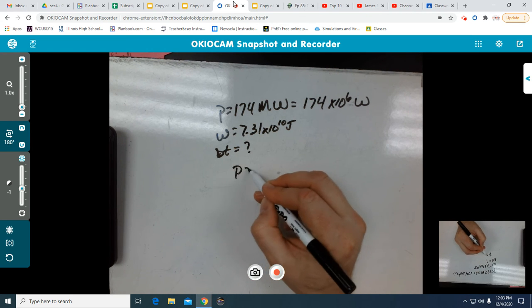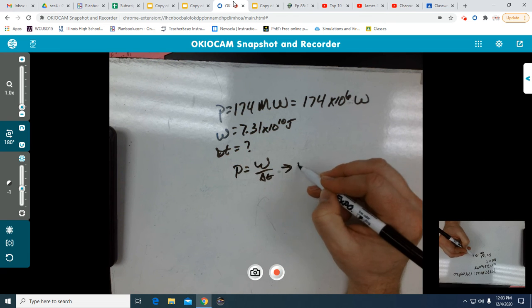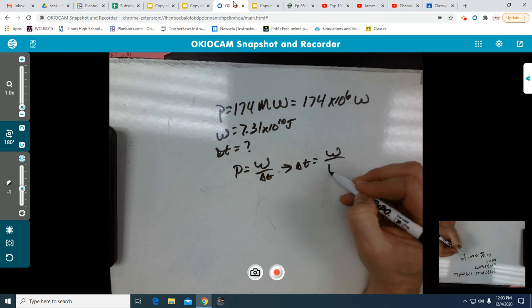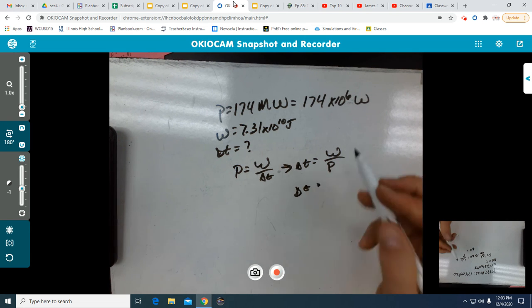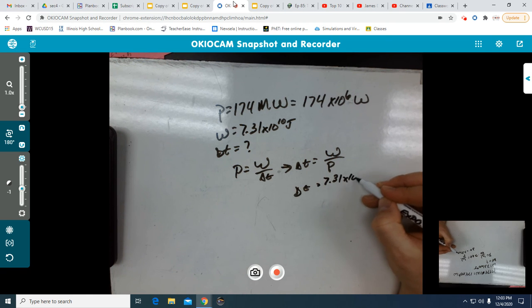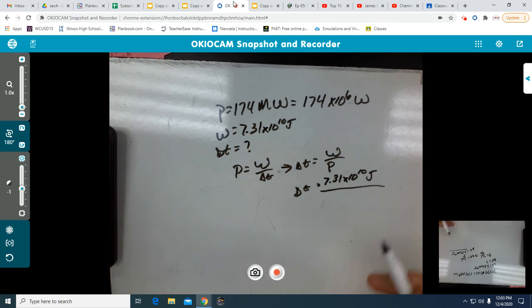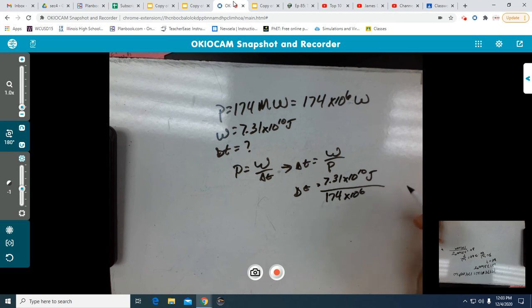And so using the equation, P equals work divided by delta t, solving for delta t, we get work divided by power. And so we can then start plugging in our values here. Our work value is 7.31 times 10 to the 10th joules divided by 174 times 10 to the 6th watts.